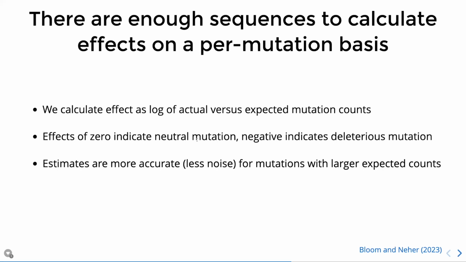So an effect of 0 indicates that the mutation is observed in human transmitted SARS-CoV-2 as often as you'd expect it to occur. Lower actual than expected counts will give you a negative score, which indicates a deleterious mutation. And as I noted, the estimates are more accurate for mutations with larger expected counts.